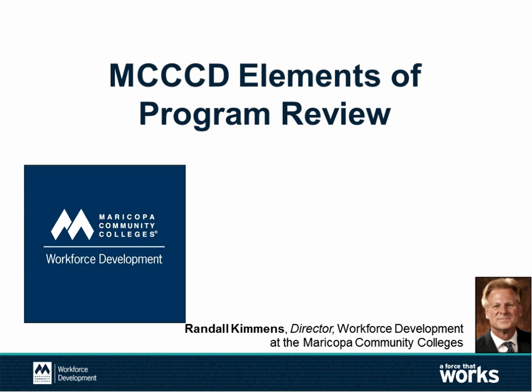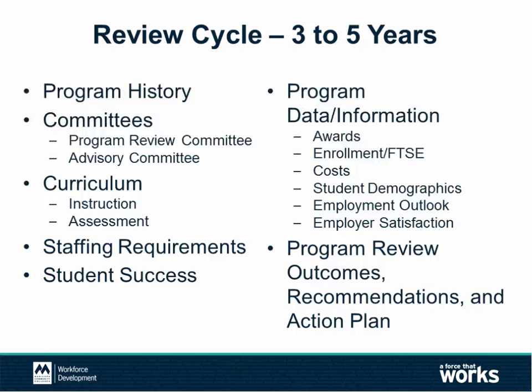The other area, when we have a 3 and a 5 year review and then look at things on a yearly basis, is that most of the colleges look at things continually, at least the costs, the enrollment, and the number of completers, and how that is progressing. I think that is really important as well.